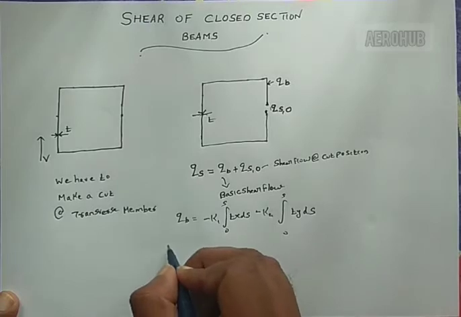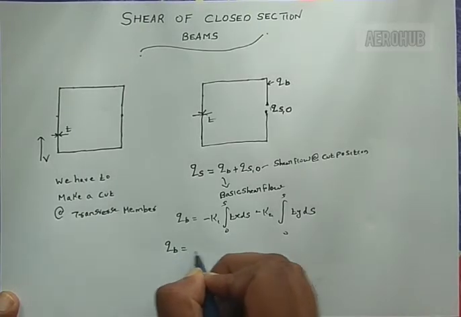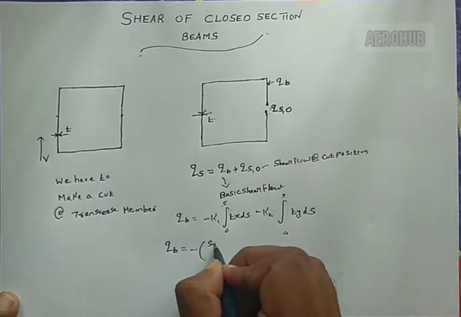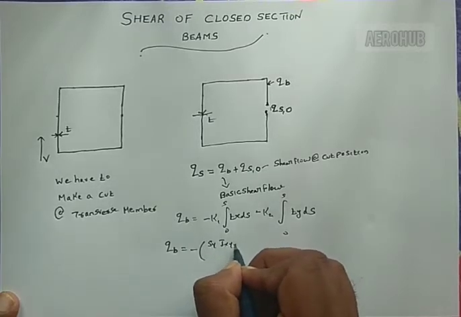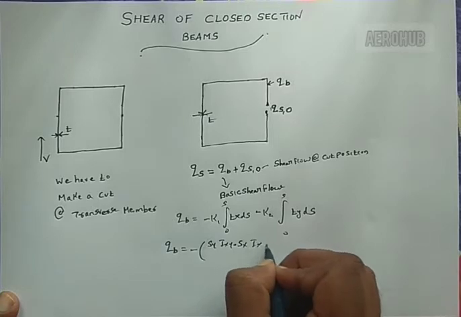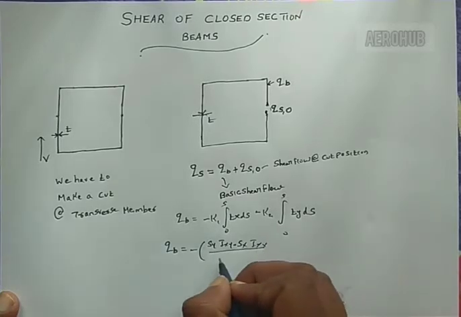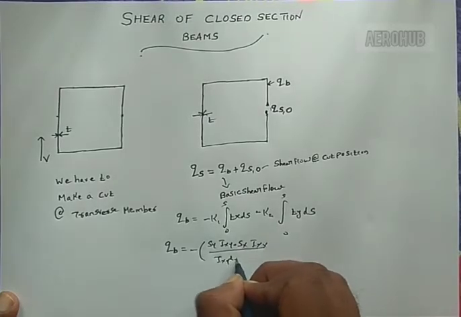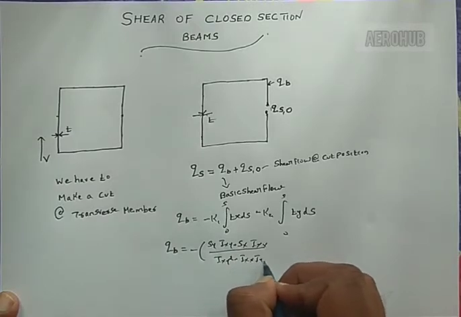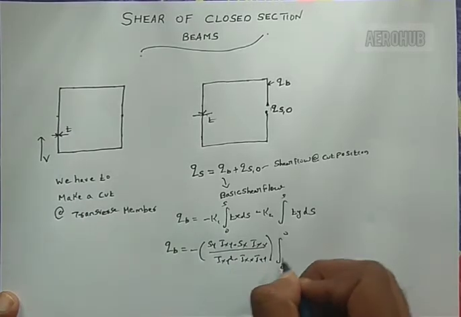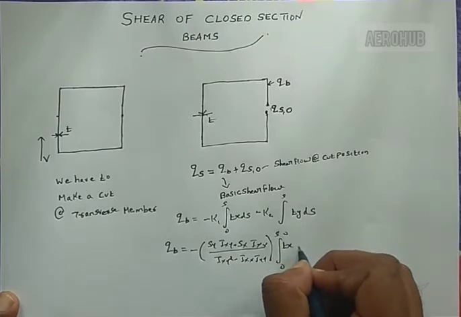Again Qb is equal to, we will substitute the values of K1 and K2. K1 is equal to minus of Sy Ixy minus Sx Ixx divided by Ixy square minus Ixx Iyy, into integral 0 to s of t x ds.